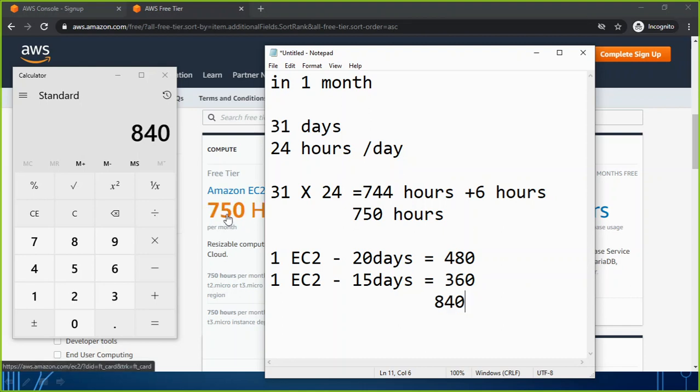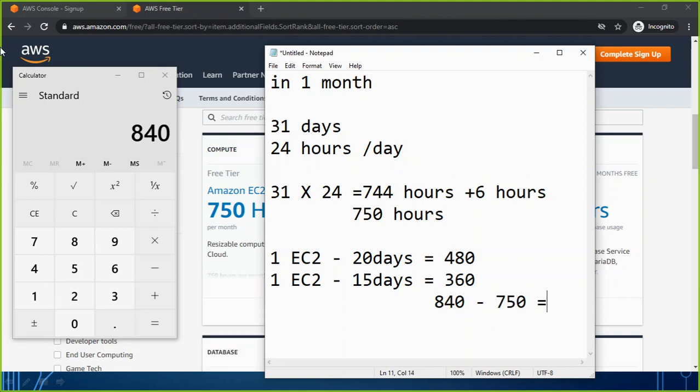But how many hours are free? Only 750 hours are free. So how many extra hours have you used? 840 minus 750 hours which you are getting free. The remaining are 90 hours you have run your service extra to what you get for free.